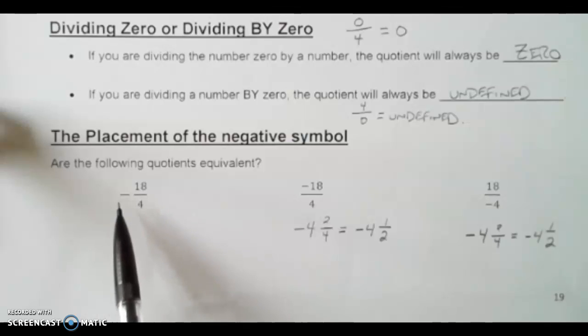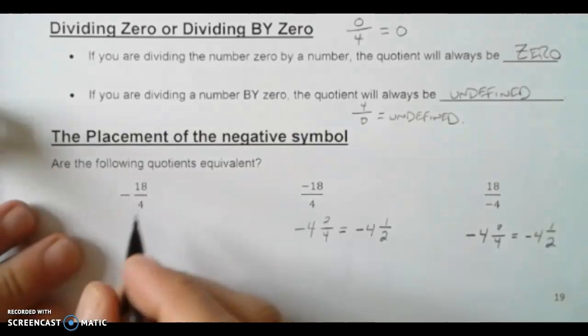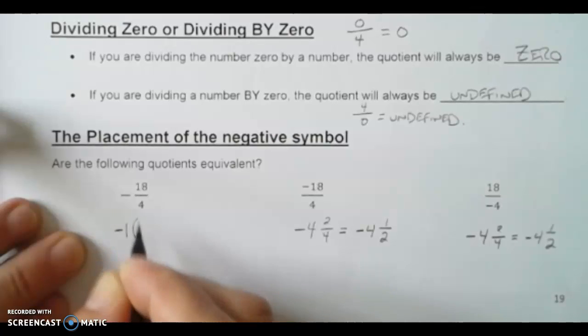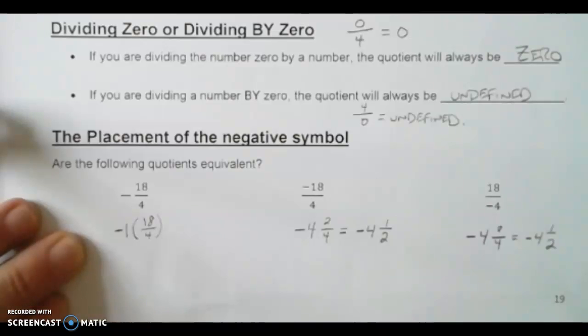Notice that the negative symbol is hanging out front. When the negative symbol is out in front of the fraction like this, it's understood to be the number negative 1. It's negative 1 multiplying the fraction 18/4.